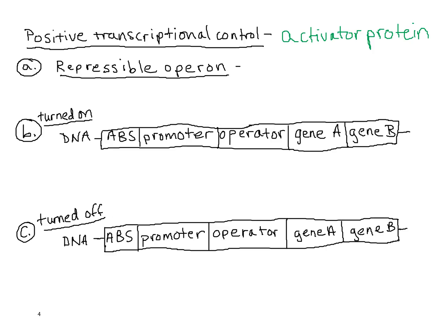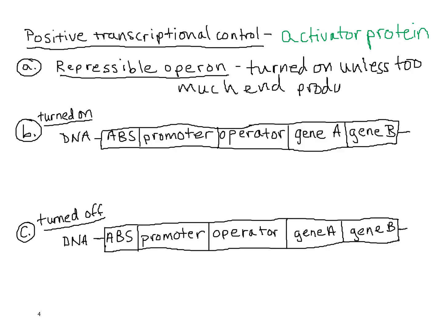And remember that the definition for a repressible operon is that it's always going to be turned on unless there's too much end product. So if I ask you on the test to define what a repressible operon is, that's the definition I'm looking for.